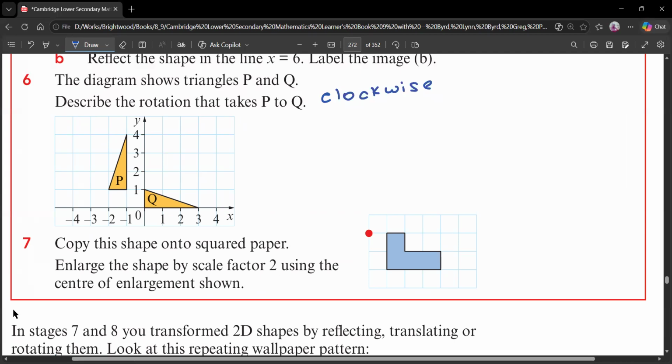Right side is called clockwise. Clockwise 90 degrees rotation.